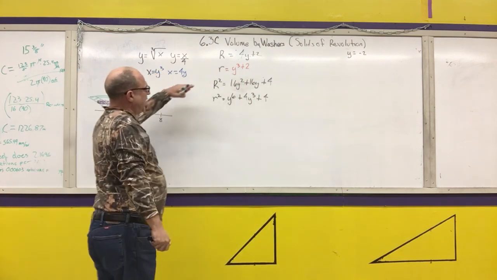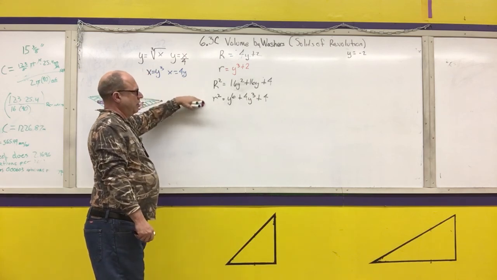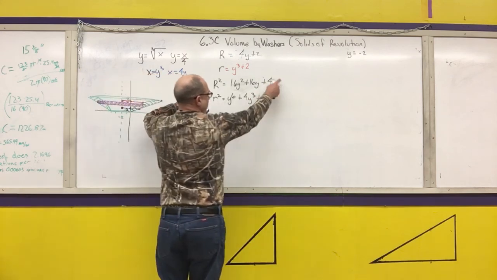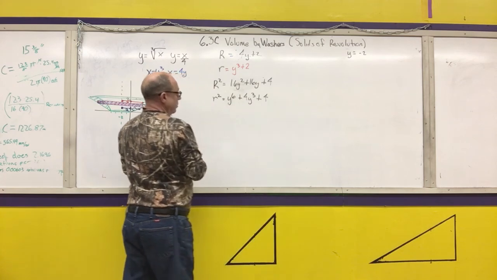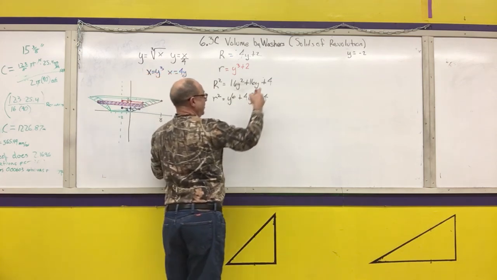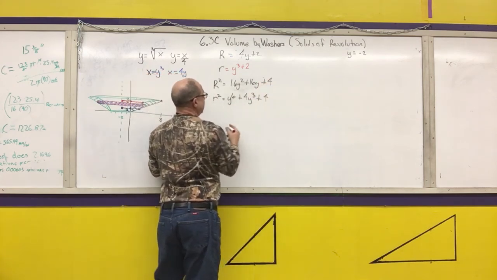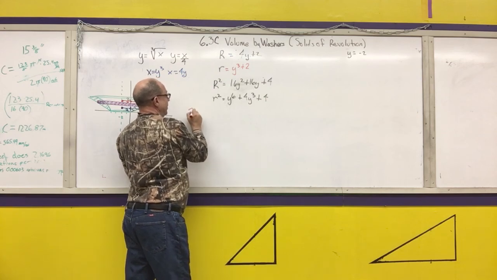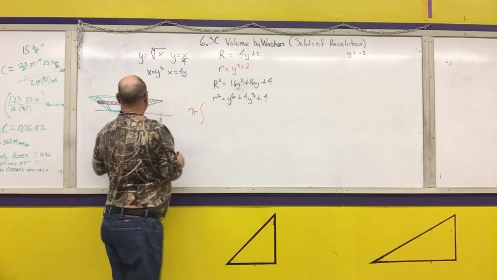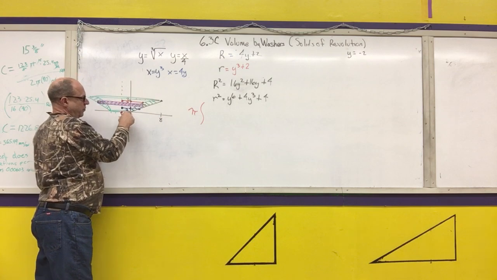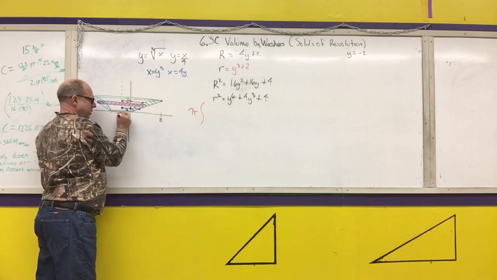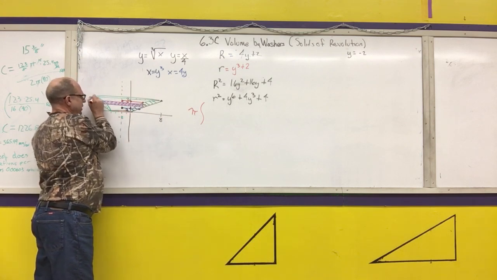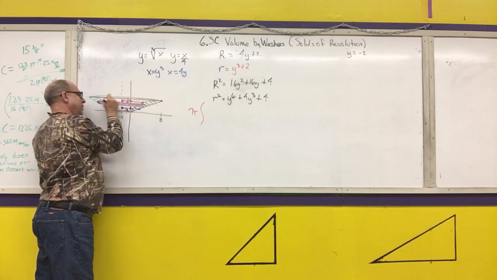Notice I'm going to take big R squared minus little r squared. So I'm going to have a 4 minus a 4. And you're going to see that those go away. And again, now my limits are from first slice, which would be here, to the thickest slice, which would be here.